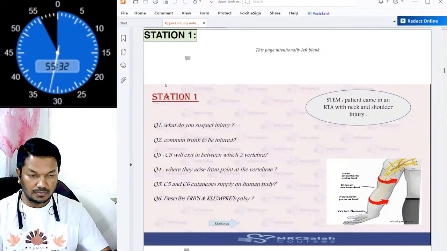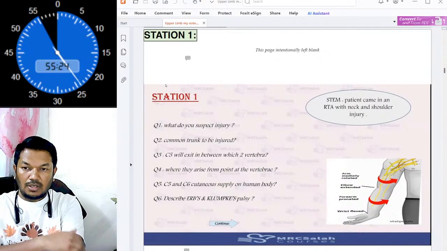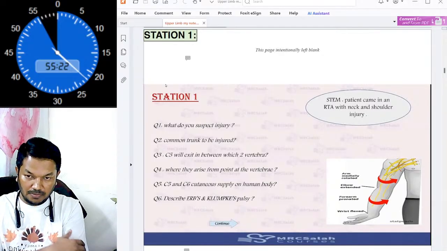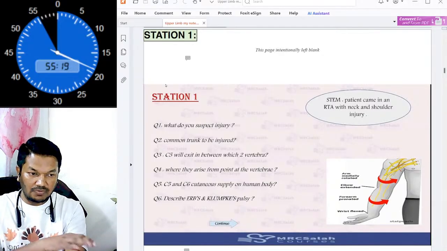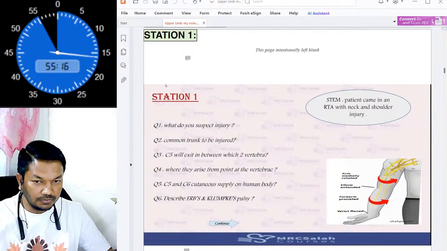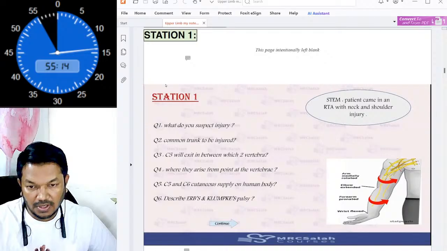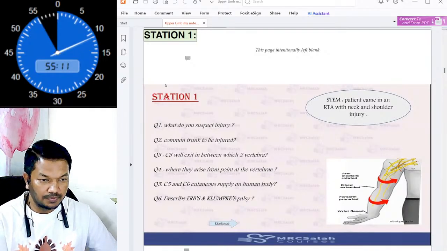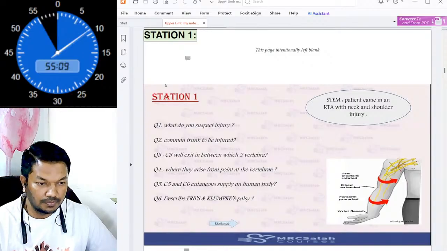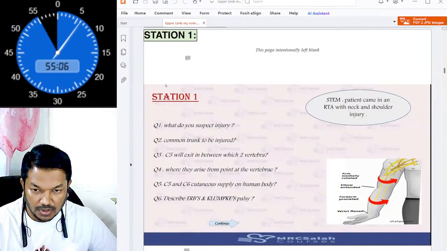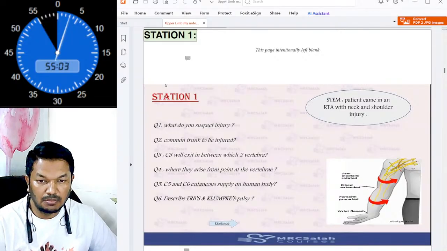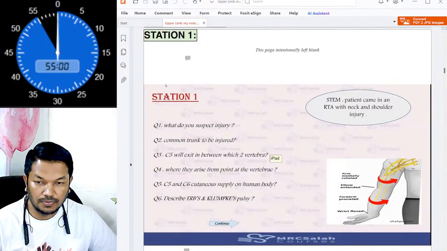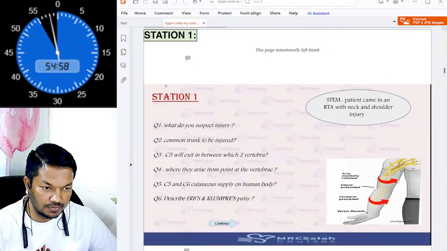C5 lateral side of the arm and C6 lateral side of the forearm and thumb. C6. C5, C4 and C5.